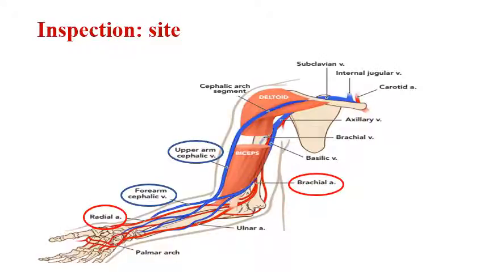You can find the scar of this fistula at the cubital fossa. The next one is between the basilic vein and also the brachial artery. You can find the scar of this operation at the medial aspect of the arm near the axilla.